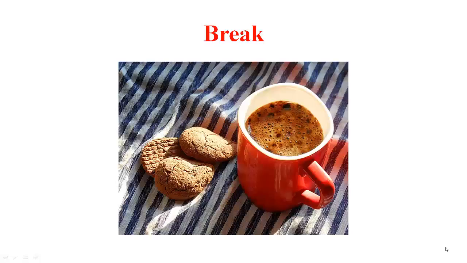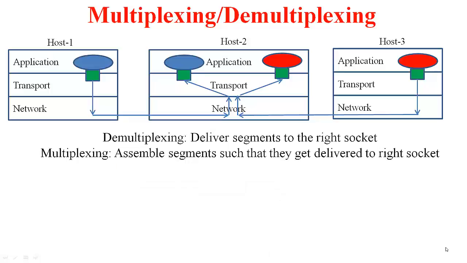Up ahead, we will look at multiplexing and demultiplexing, which is fundamental to any transport protocol. I have covered this aspect before, where the role of multiplexing and demultiplexing is to deliver the packet to the right process or protocol. So here we are focusing on the processes. For this, you need special information to help the transport layer deliver the segment to the right application process.